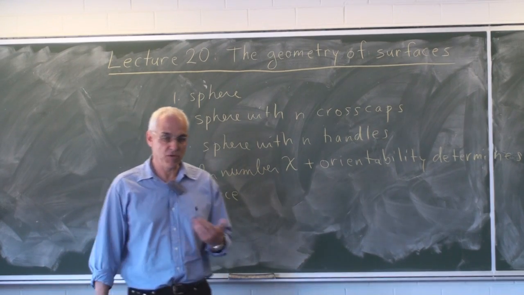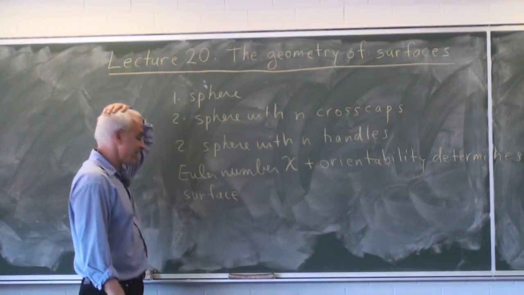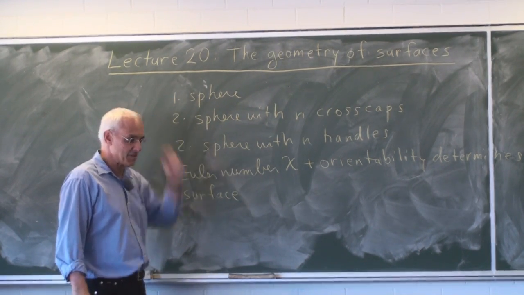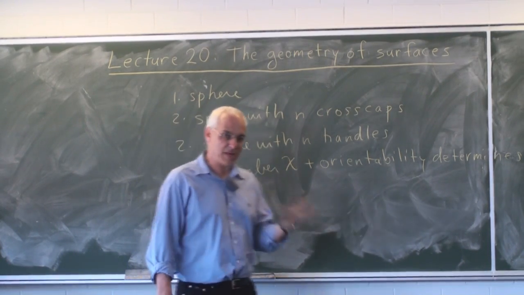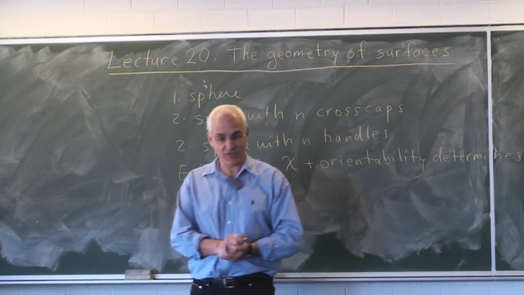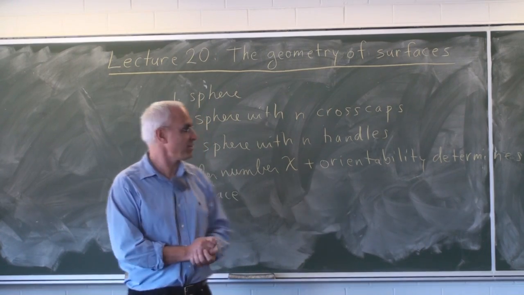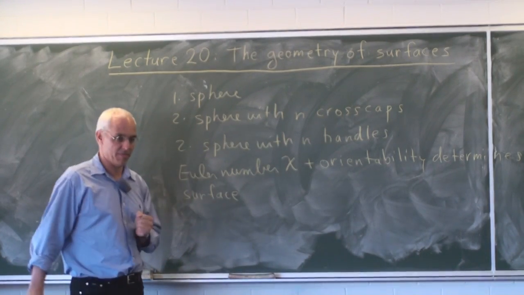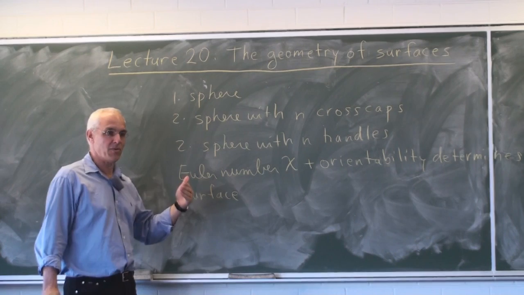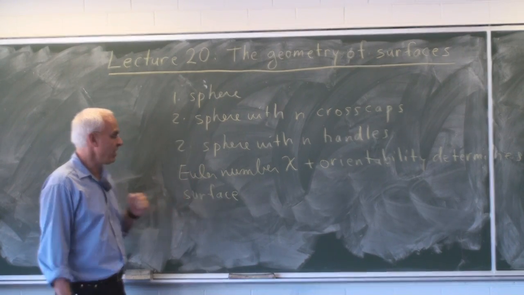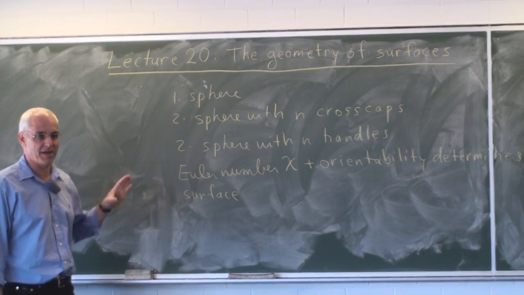Now, it's a very beautiful theorem, but it's also a little bit singular in the sense that when we go to three-dimensional analogs of surfaces, we find no such comparable theorem. The situation currently with three-dimensional manifolds is much more complicated than this.